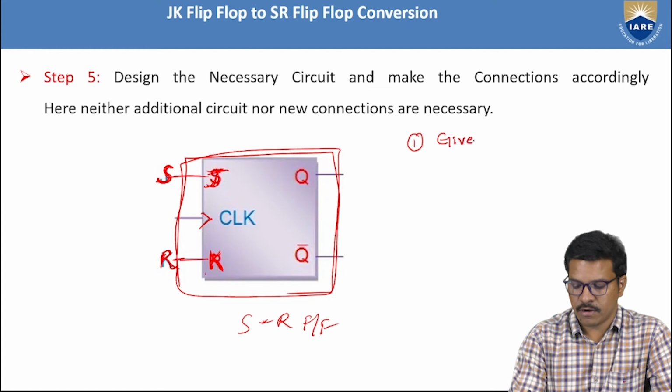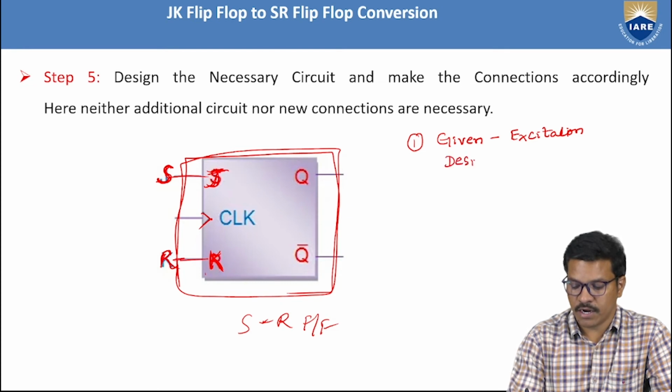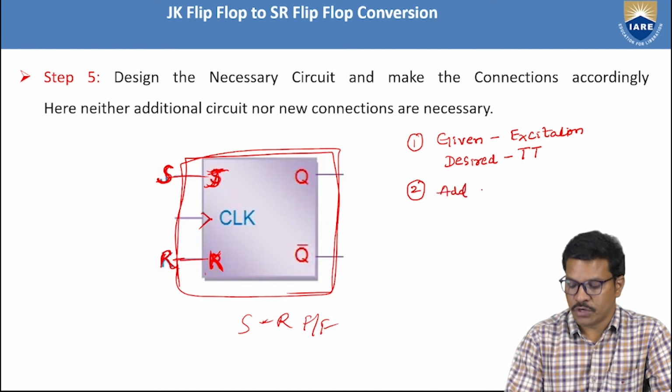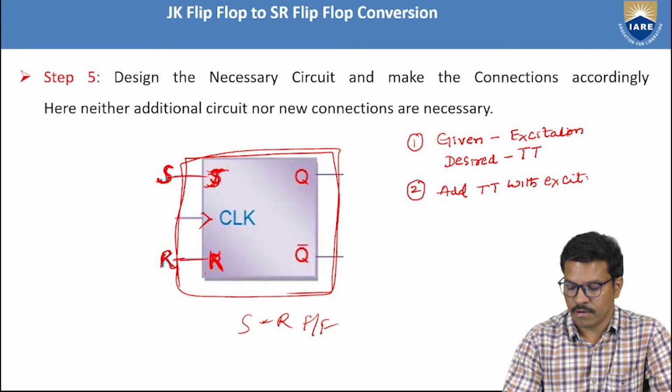Excitation table for the given flip-flop, and truth table for the desired flip-flop. Then add the truth table with the excitation table, and the third step is the conversion table.